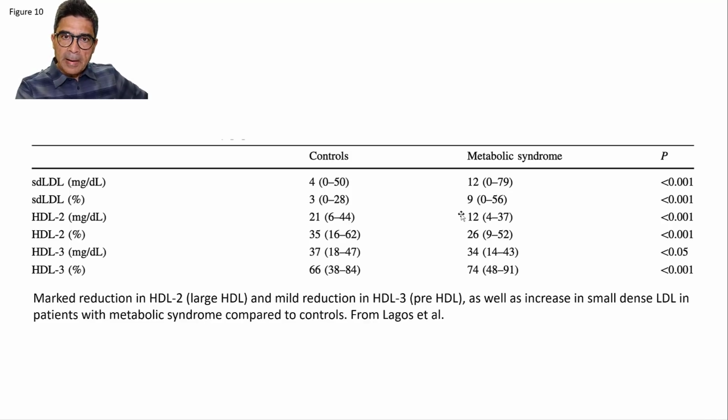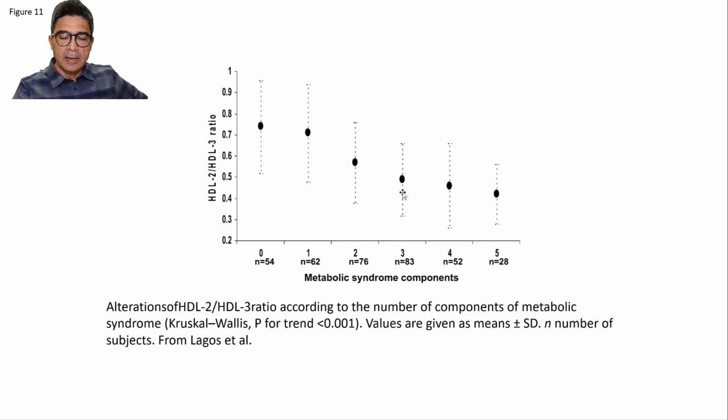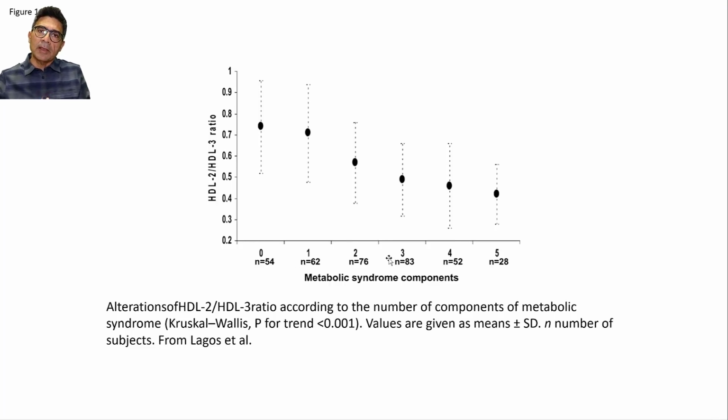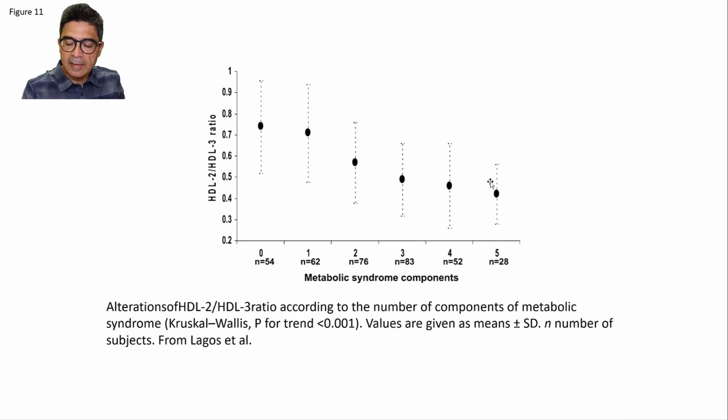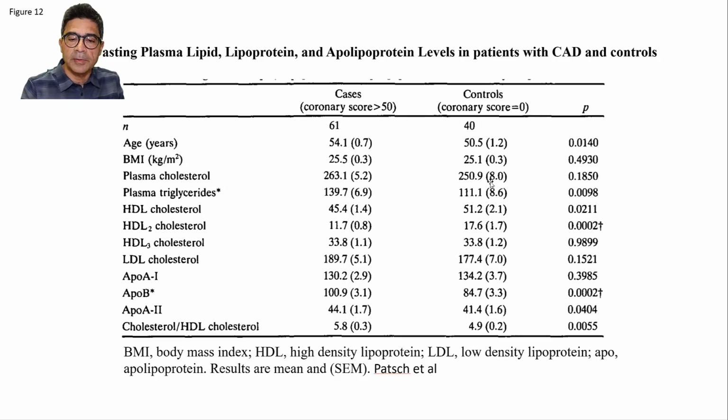And these are biochemical markers. This is another biochemical marker. HDL2 is a more mature form compared to HDL3, and we are looking at the ratio here. So as the components of metabolic syndrome increase, in other words, presence of hypertension, obesity or waist circumference, high triglycerides, low HDL, high blood pressure, the amount of mature HDL falls, indicating that there is reduced reverse cholesterol transport.